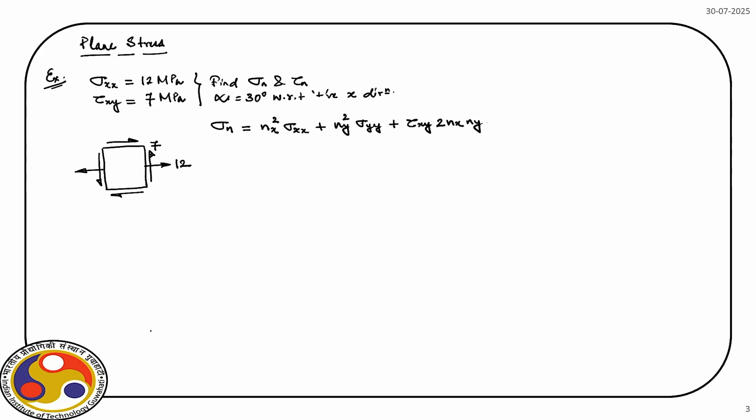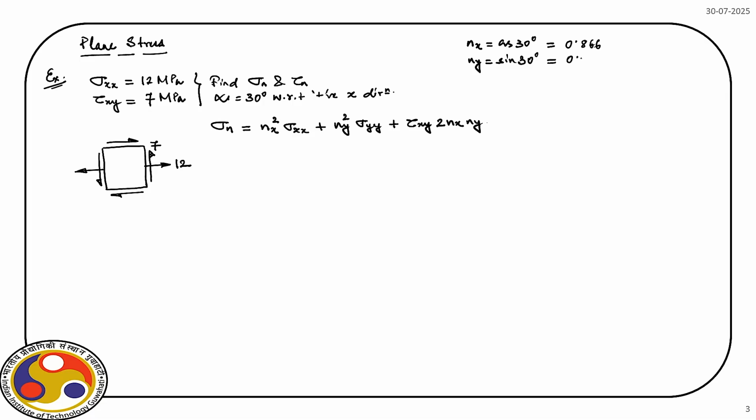Okay. Now, for the given angle, n x is equal to cos of alpha, which is 30 degree, and then n y, which is sine of alpha, that is 30 degree. So, we know the values of cos and sine alpha. So, cos of 30 degree is 0.866, and then sine of 30 degree is half, right.